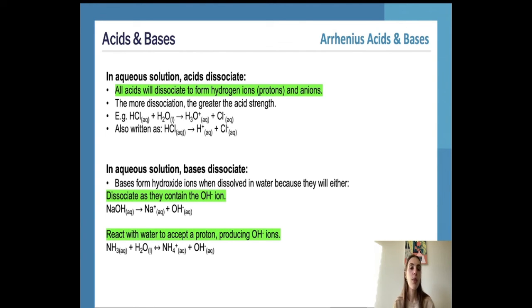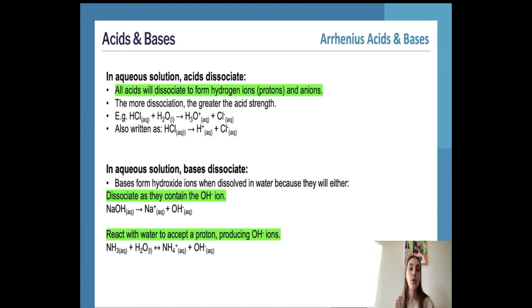For example, if we consider a strong acid like HCl in water, HCl can dissociate and lose a hydrogen ion to the water, and so the water will gain it to form H3O+, which is characteristic of an acid.